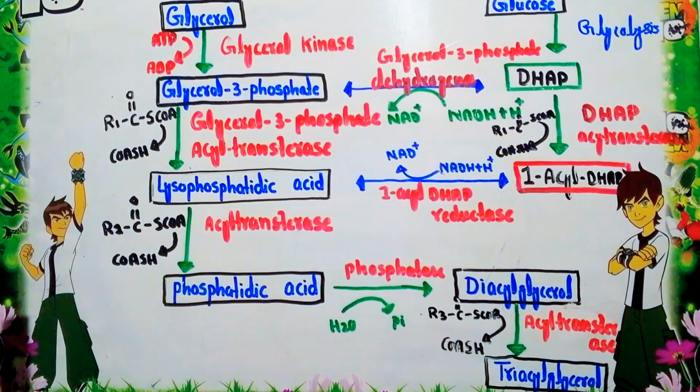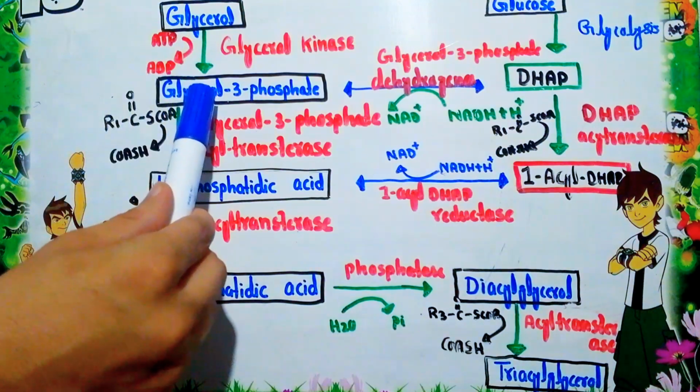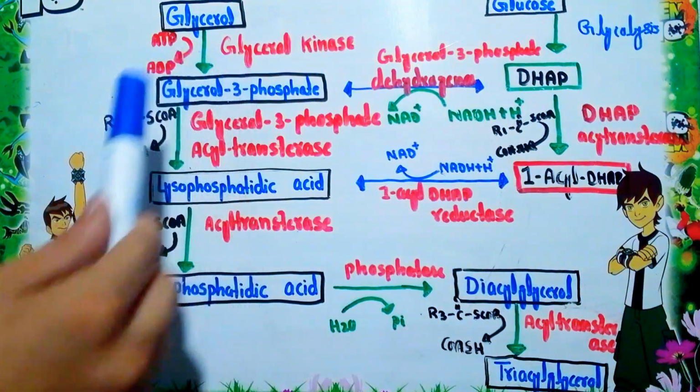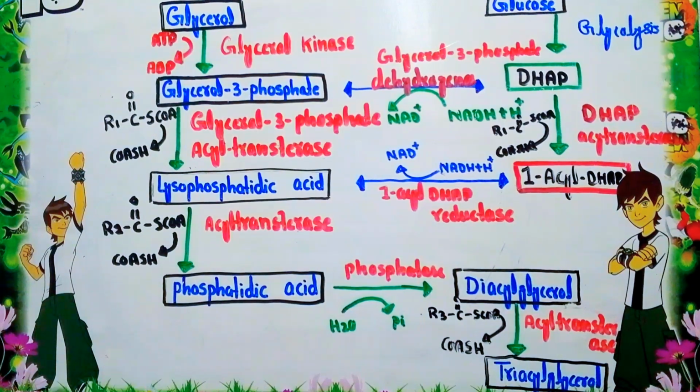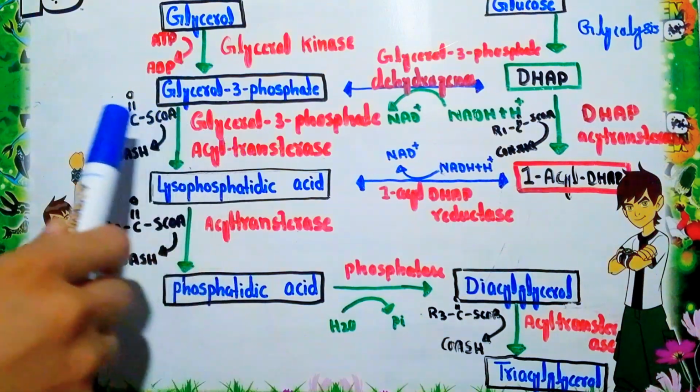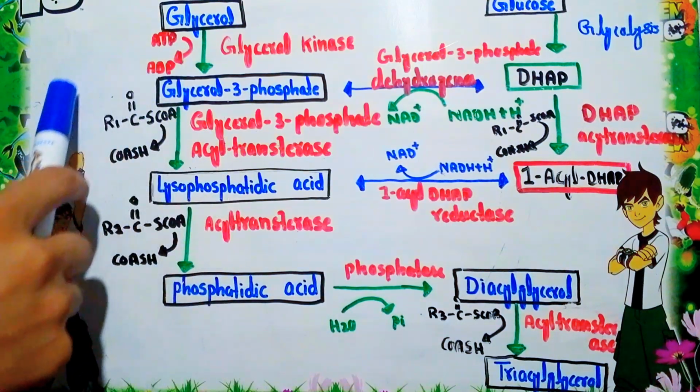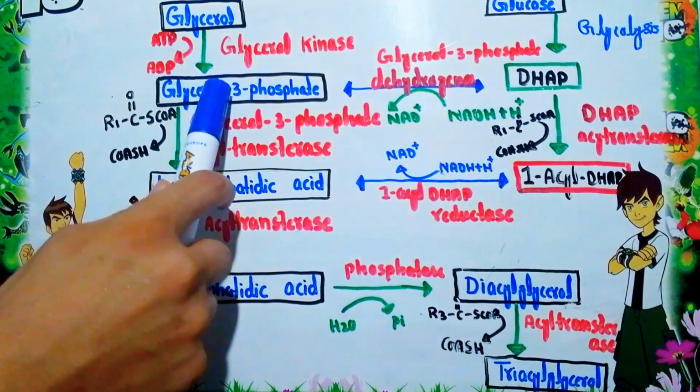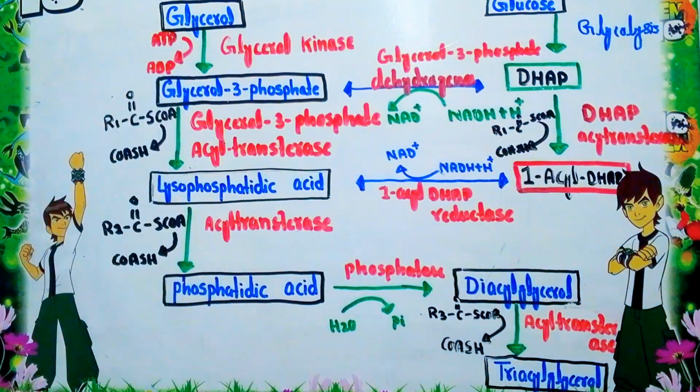The enzyme responsible for this conversion is acyl transferase, which transfers the acyl group from the acyl coenzyme A to the glycerol. So this acyl group attaches to the first carbon of the glycerol 3 phosphate.